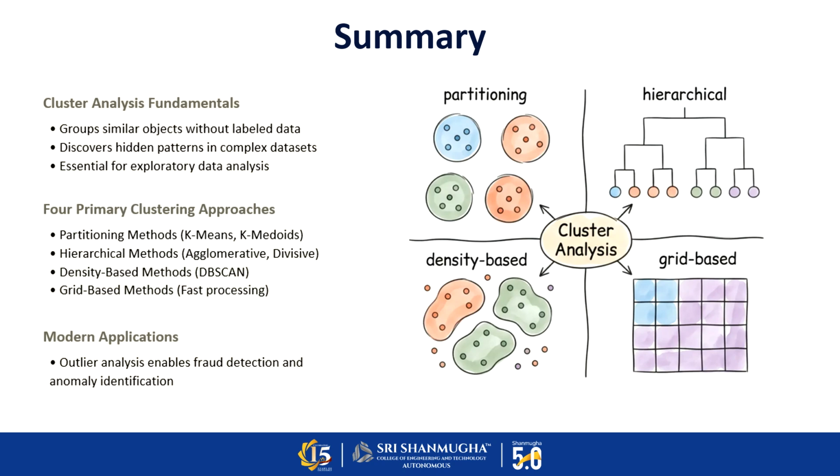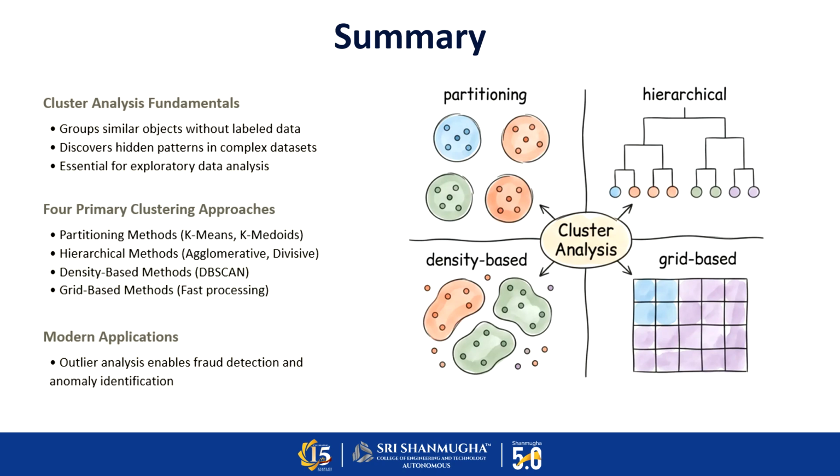And the last method is grid-based. Here they use an algorithm called STING. It divides the space into grid and works on cell statistics. Very fast, best for huge spatial data sets. So the modern applications: outlier analysis enables fraud detection.